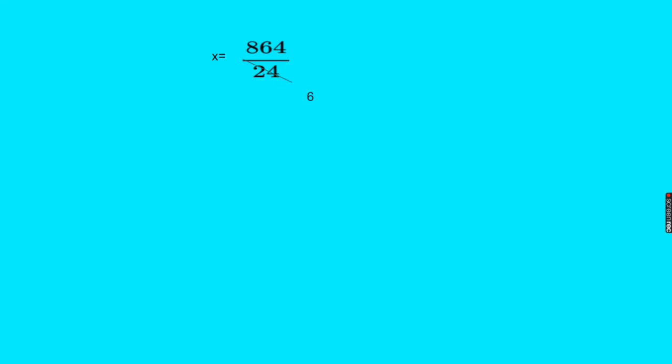Now simplifying this, 4 sixes are 24, 4 twos are 8, 4 ones are 4, remainder 2, 4 sixes are 24. Again we can simplify it further. 6 ones are 6, 6 threes are 18, remainder 3, 6 sixes are 36.